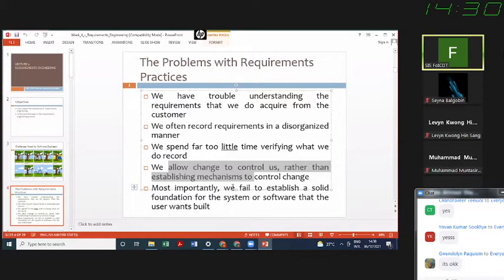So here, again, like I was mentioning, perhaps what we have is a problem of communication, and communication which is not only verbal, like you're doing in communication skills, but can also be written. So we find perhaps that the requirements are not properly written down or recorded.